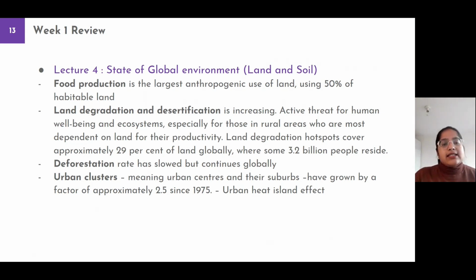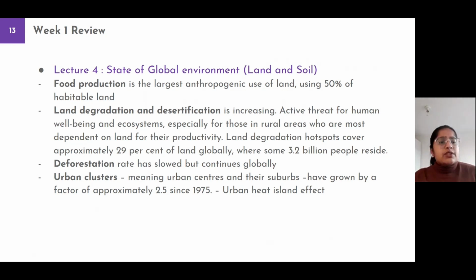Also, we see that land degradation and desertification are increasing, and this is an active threat to the well-being of humans and the ecosystem, especially for people whose livelihoods depend on land, particularly rural people who practice agriculture and are heavily dependent on land for their productivity and incomes.